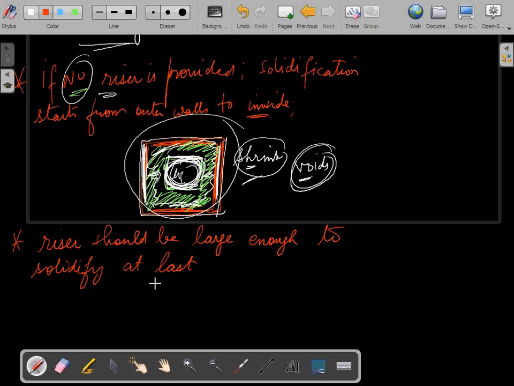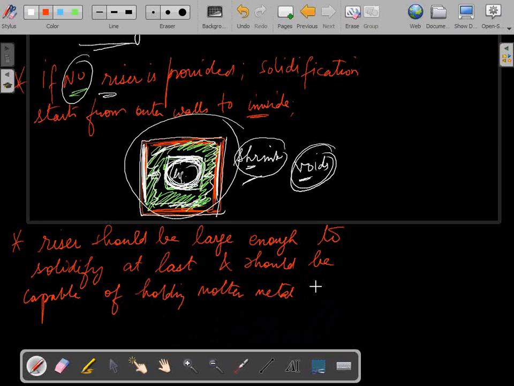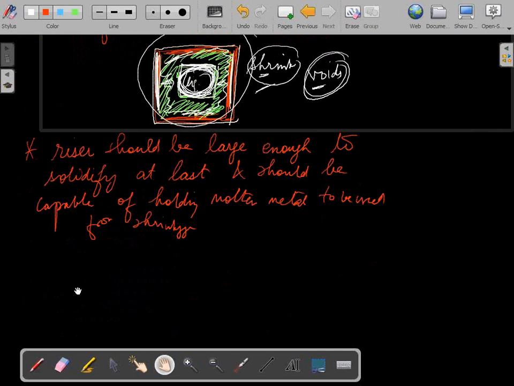Okay, so it should solidify at the last, and should be capable of holding molten metal to be used for shrinkage compensation. Okay, so the main point in this is to tell you that it should solidify at last, not before the casting in any sense whatsoever.